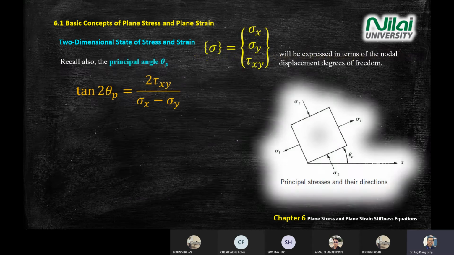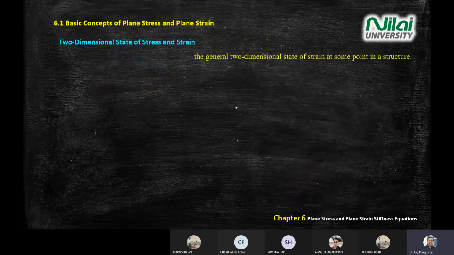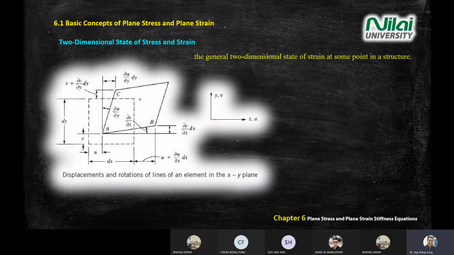Now, after we have cleared all the principal angle, stress and strain, now let's look at what happens when you have a deformation. Okay, so if you have a deformation of an element, you can convert it mathematically, as you can see from this diagram.